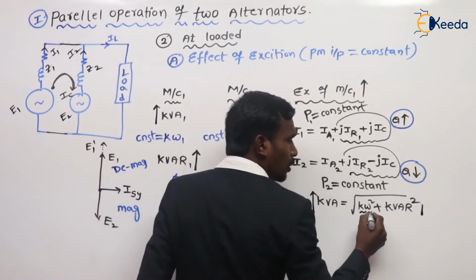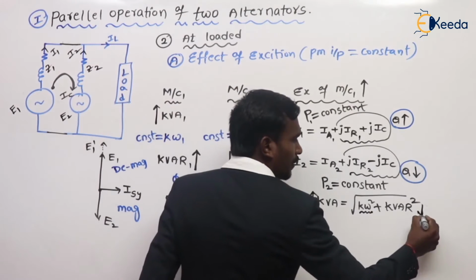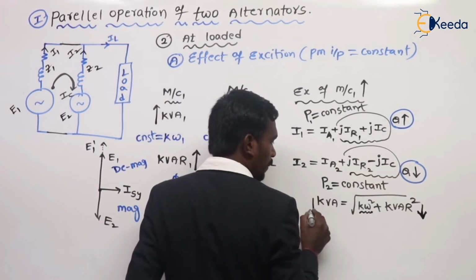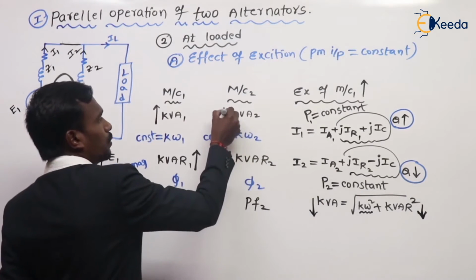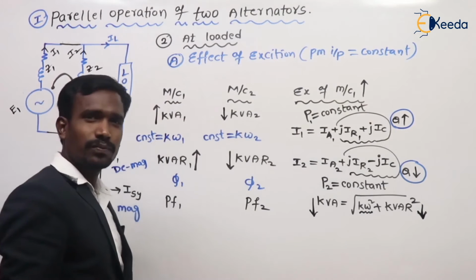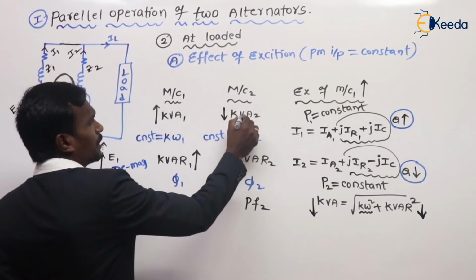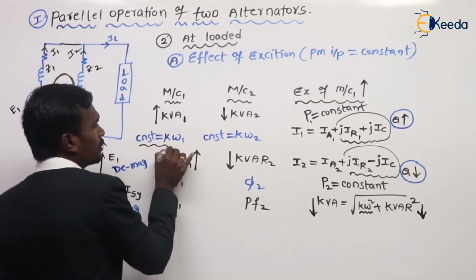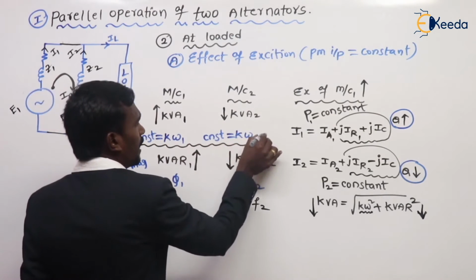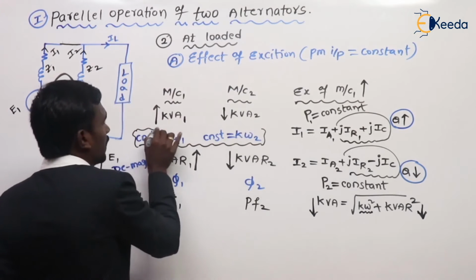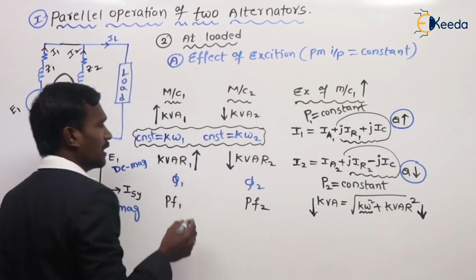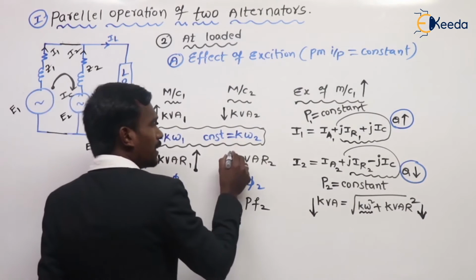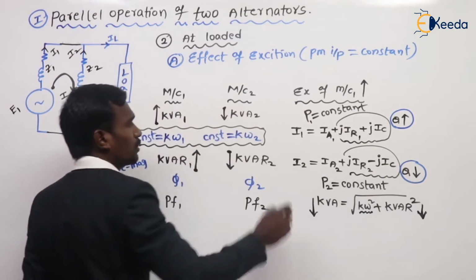When the active power is maintained constant, if the reactive power decreases, what happened to apparent power? Apparent power also decreases. The kVA rating of machine 2 decreases, kVA rating of machine 1 increases, because of course the kWs are constant, but the reactive powers change here. Here reactive power increases, so ultimately total power increases. Here reactive power decreases, ultimately total power decreases.